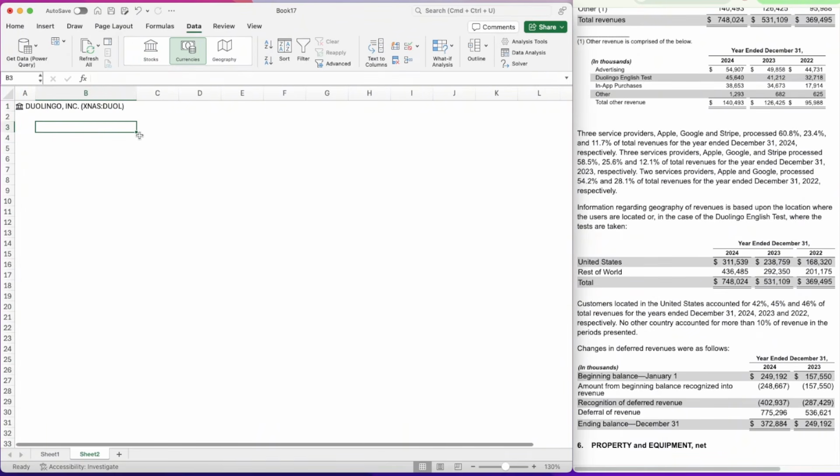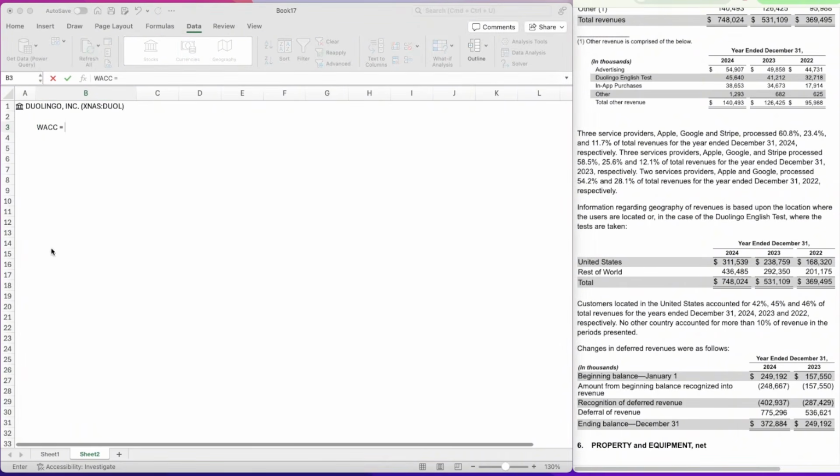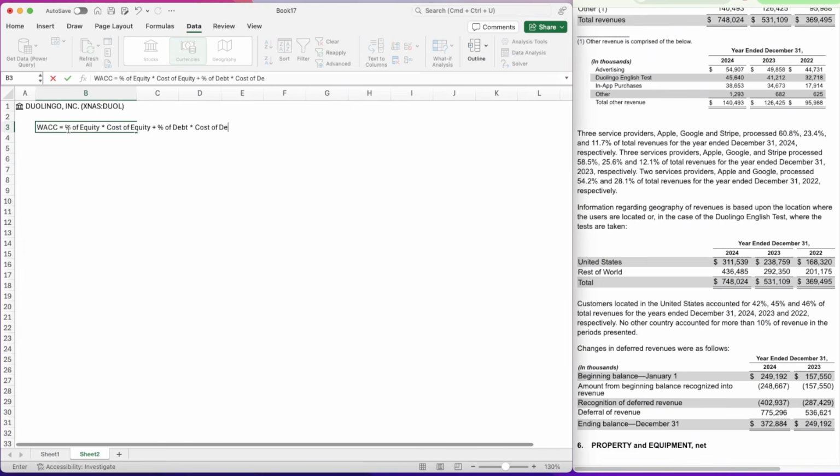So what is the WACC? The WACC is your weighted average cost of capital, and the formula is percentage of equity multiplied by your cost of equity, plus your percentage of debt multiplied by your cost of debt multiplied by 1 minus your tax rate.